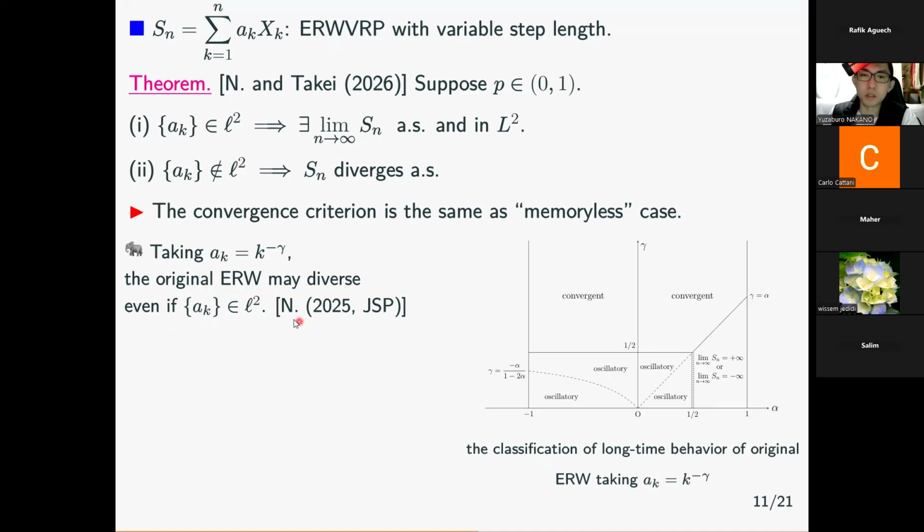This result is based on another paper of mine. And this figure is the classification of long-time behavior of the elephant random walk with polynomially decaying steps.